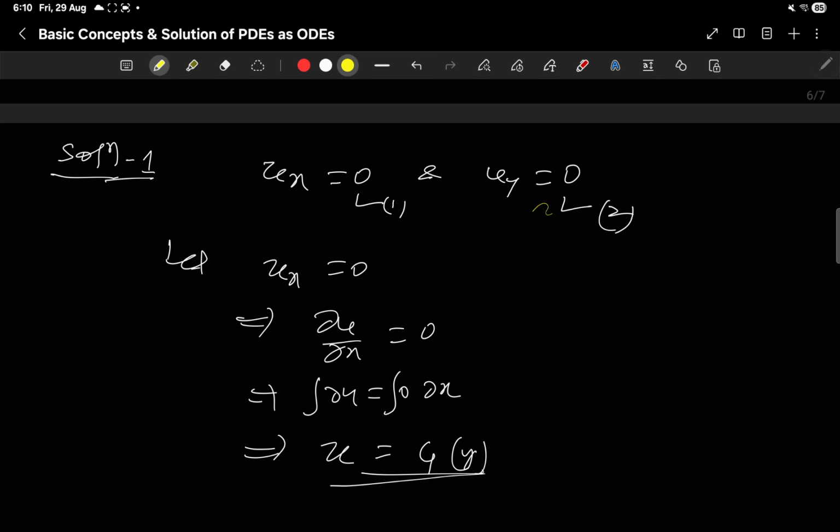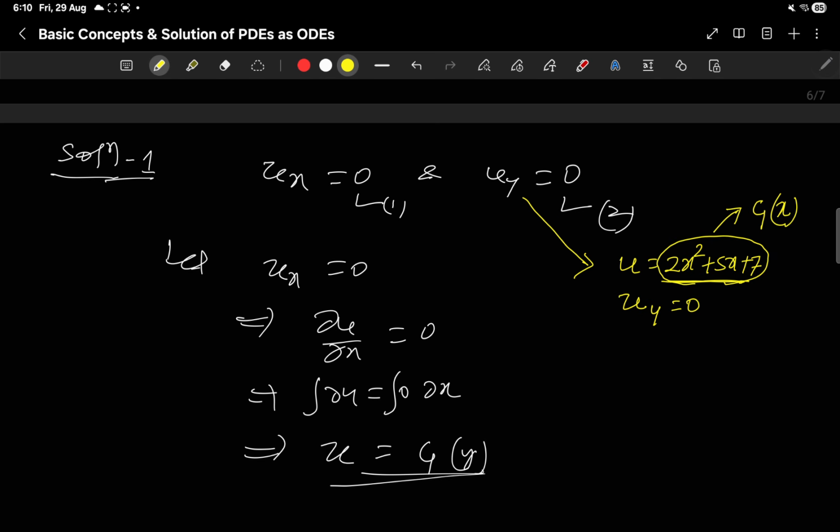Now think from the viewpoint of u_y. If my u is equal to 2x square plus 5x plus 7, then what is your u_y? Here u_y will be 0. Then that means this u here is a function of x only. Now if I separate this, this is my c1(x) and this is my c2(y).